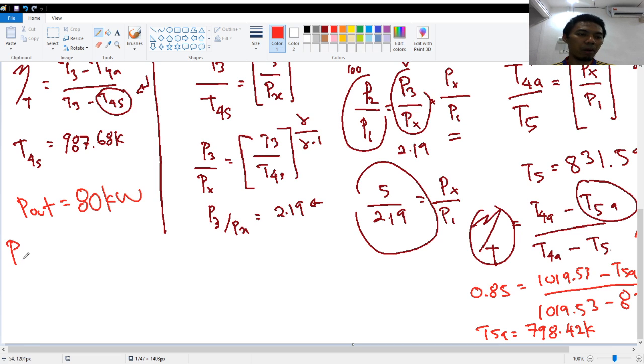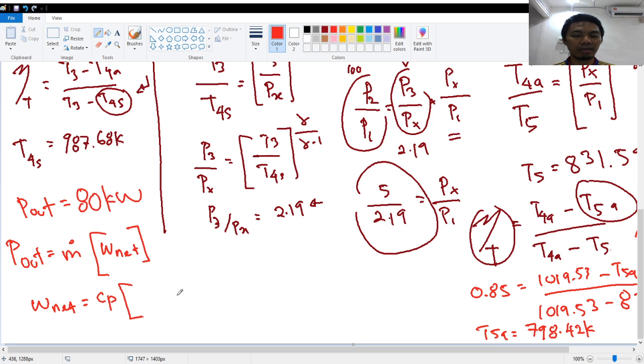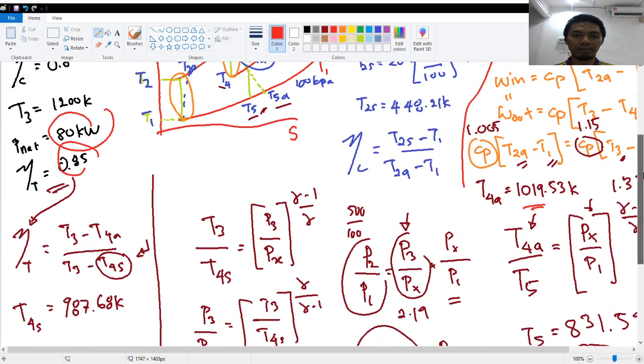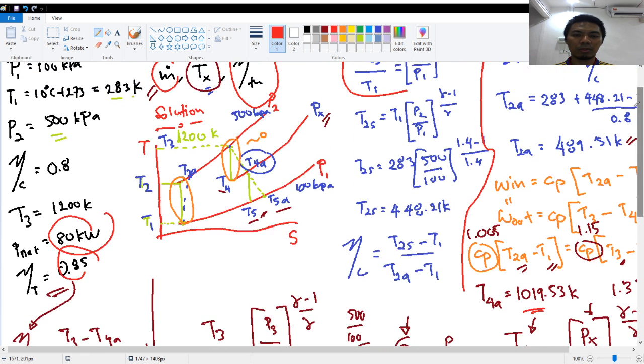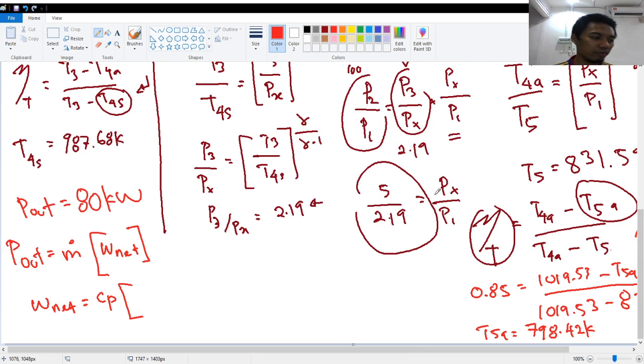We know that power output equals m dot times work net, whereas work net equals Cp times, look at your TS diagram, T4, the bigger temperature, minus T5A.